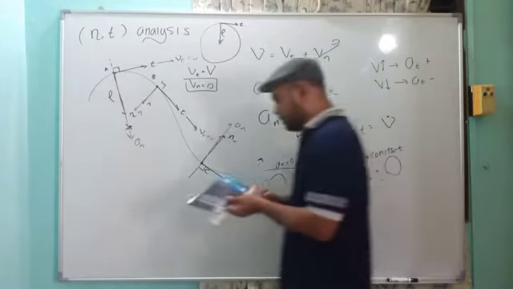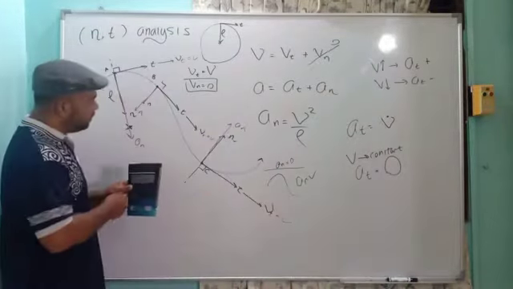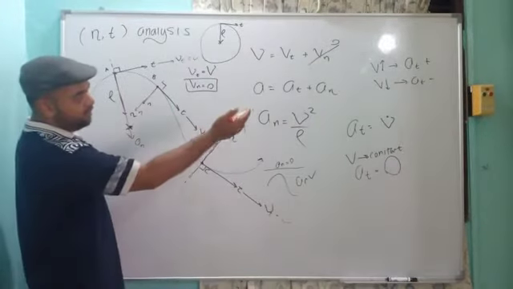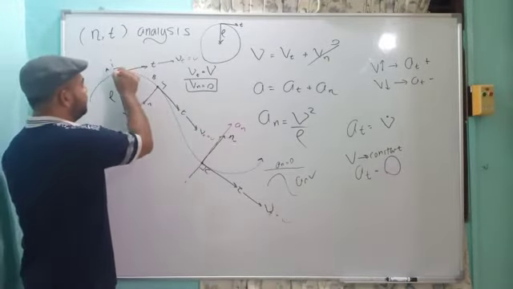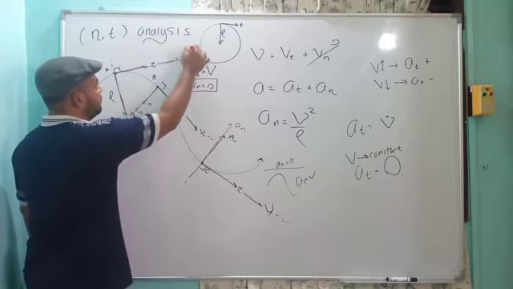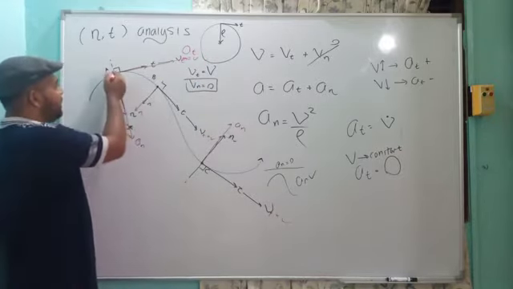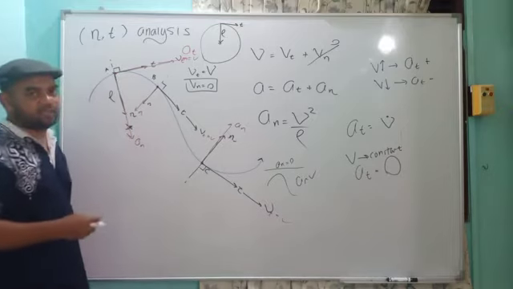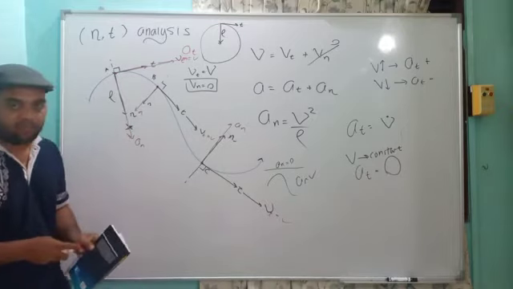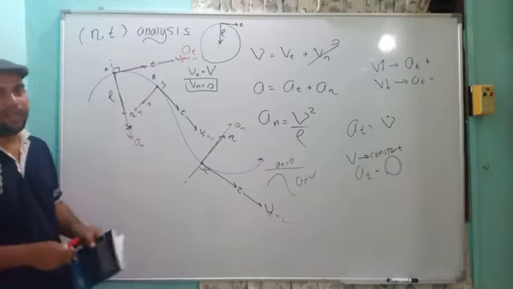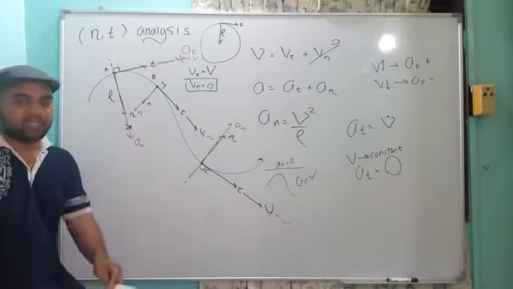Say we have A normal from here. If the velocity increases, you have A tangent in this direction. But if the velocity decreases, A tangent can be in the opposite direction. So A tangent can be positive or negative, depending on the change in velocity.